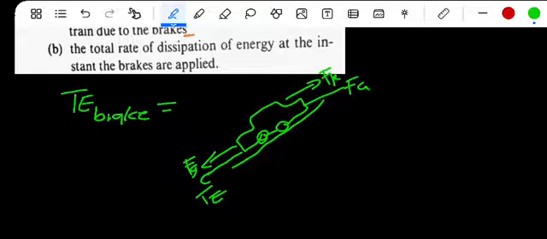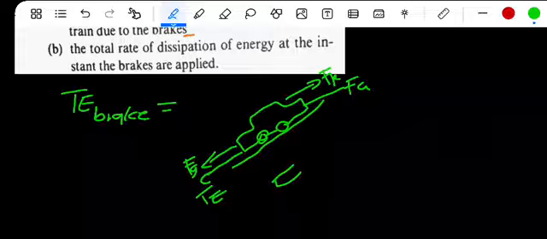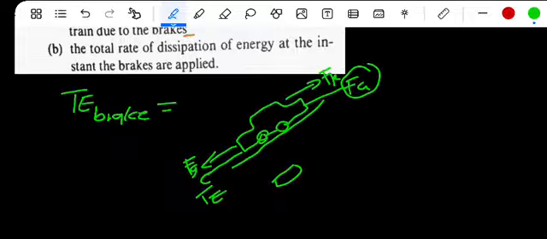You must know that the moment I'm braking, there will be an instant.